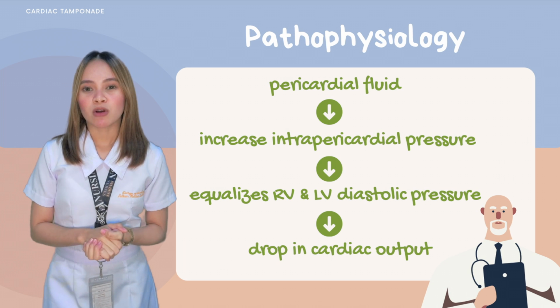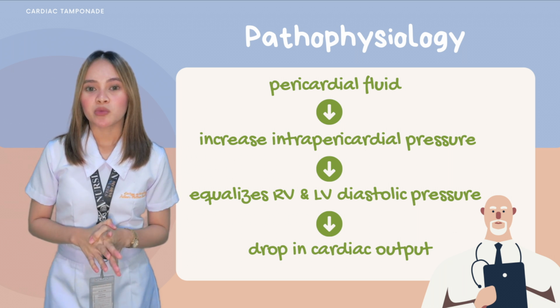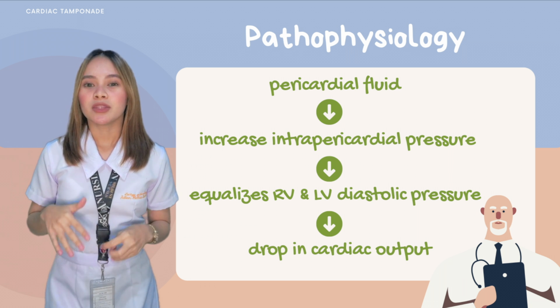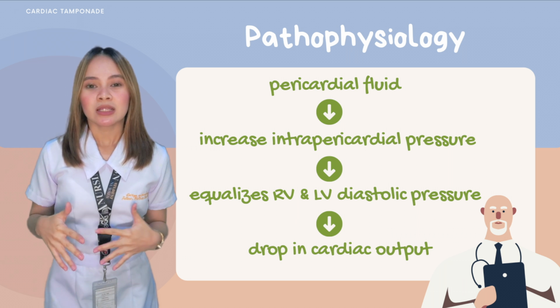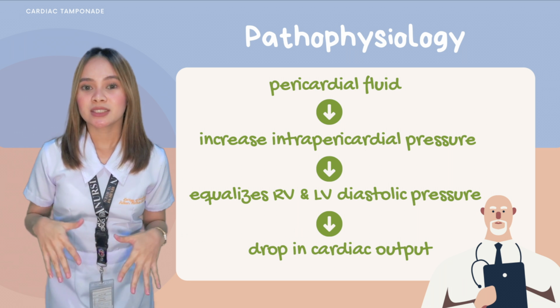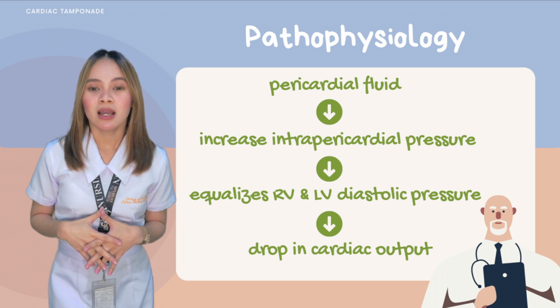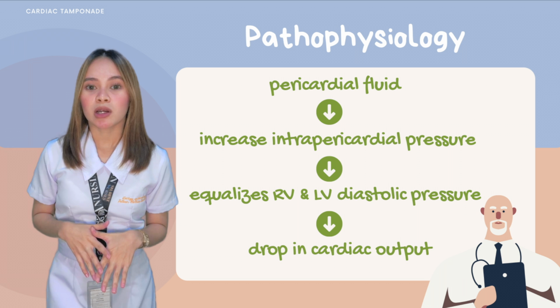For the pathophysiology of cardiac tamponade, the pericardium is normally filled with an amount of fluid around 30 to 50 ml, with an intrapericardial pressure that is usually about the same as the intrapleural pressure. With a sudden addition of fluid, the pericardial pressure can increase at times to the level of the right atrial and right ventricular pressures.